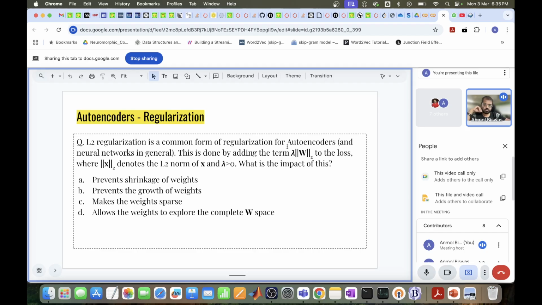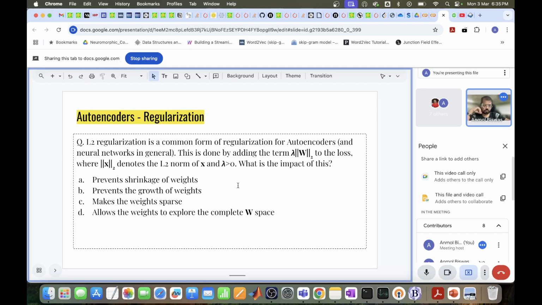This is done by adding an additional term to the loss, which is lambda times the 2-norm of W, where W is of course your weight matrix, and this norm is nothing but the Frobenius norm. What you do is take the square of all of the elements in the matrix and then add them. That's all you do, right?